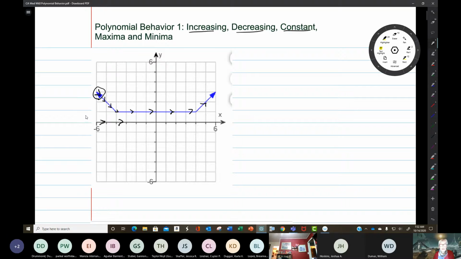So as we move left to right, this side of the graph is going down. We call that decreasing. You know what decreasing is. Well, we're applying it to graphs.